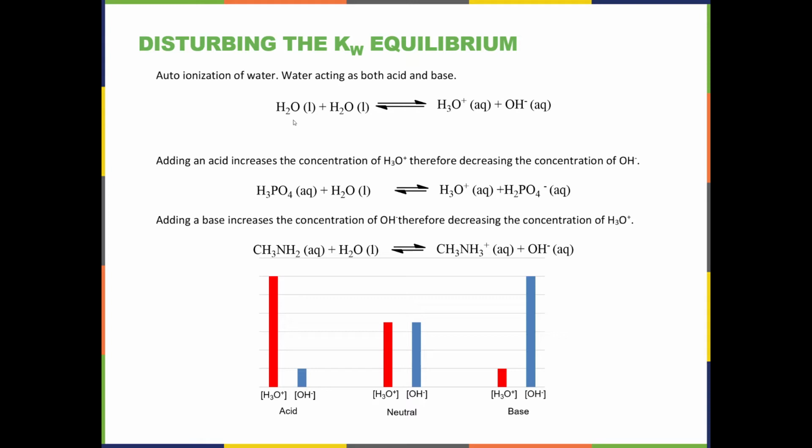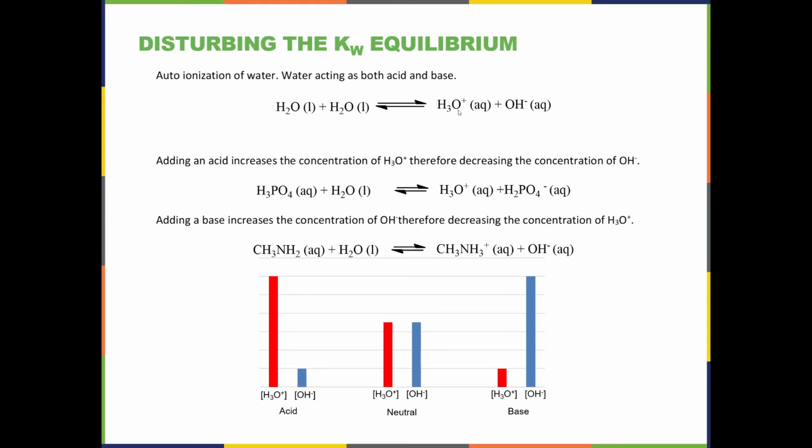So in any sample of water, water is reacting with itself to form H3O+ and OH-. Well, what can we do to shift this equilibrium? If I add an acid, that acid's going to react with some of that water and make more H3O+. If more H3O+ is made, what's going to happen to the concentration of OH-?